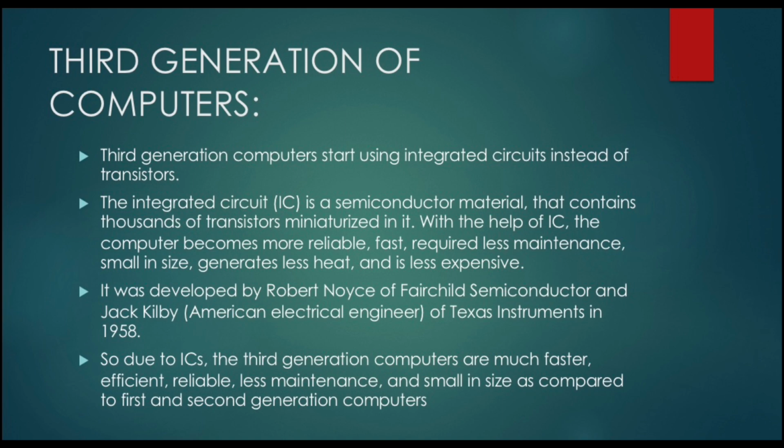It was developed by Robert Noyce of Fairchild Semiconductor and Jack Kilby, American electrical engineer of Texas Instruments in 1958. So due to ICs, the third generation computers are much faster, efficient, reliable, require less maintenance, and are small in size as compared to first and second generation computers.